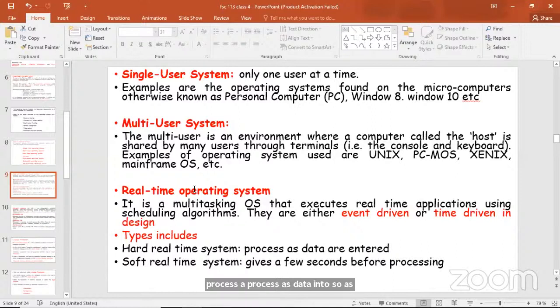So as soon as you receive data, it starts the processing, right? Data can be from you, the operator typing, or it could be from sensors around or the output of another process. Then for the soft real-time system, it gives a few seconds before processing is started.